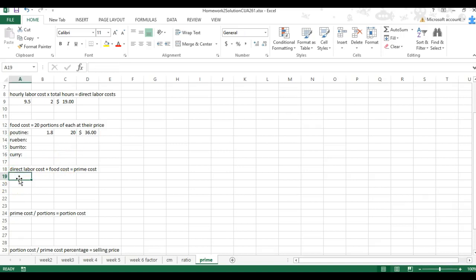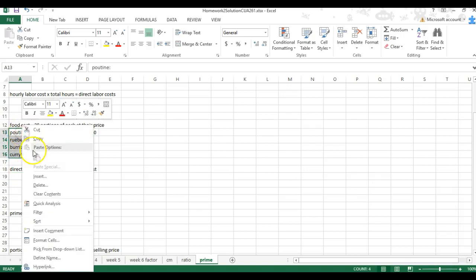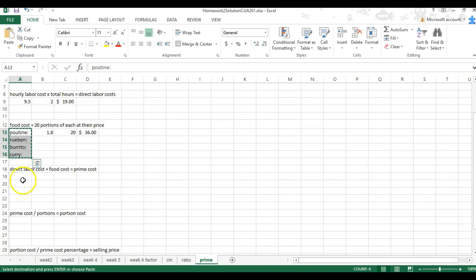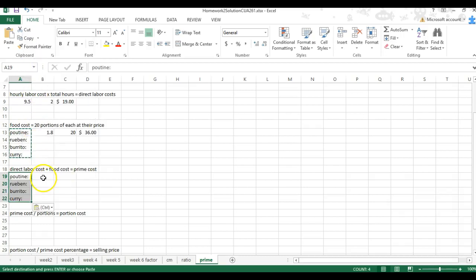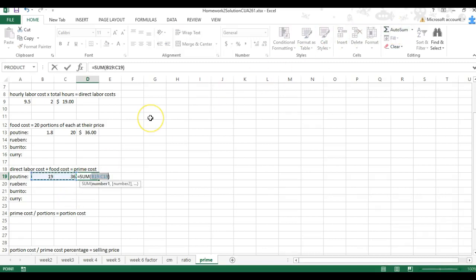Now we can put step number 2 together. Again, per item, paste. Direct labor cost, 19. Food cost, 36. That gives us our prime cost, so we can auto sum that one. Bam.